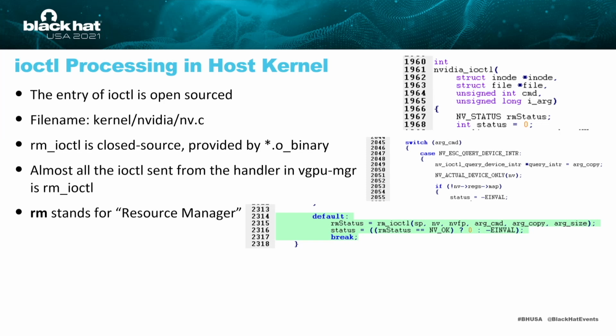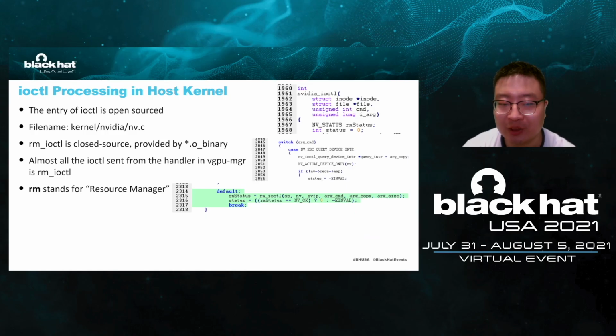If you have audited the Nvidia vGPU Manager, you may find that almost every I/O control sent by the vGPU Manager will get into RM IO control. This also explains why RM IO control is not open sourced by Nvidia, because it is strongly related to the vGPU logic. According to the code comments, we can also know that RM stands for Resource Manager.